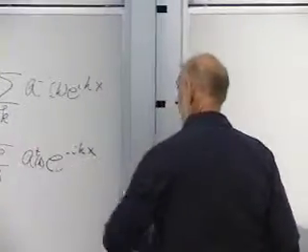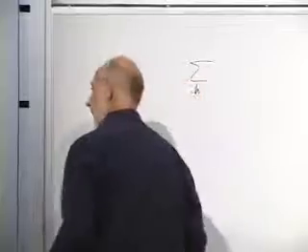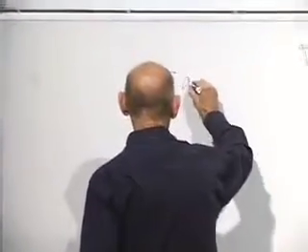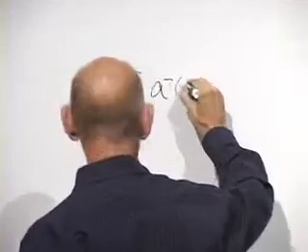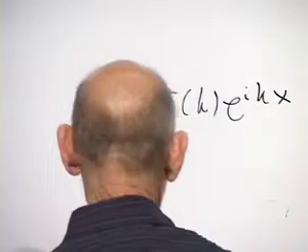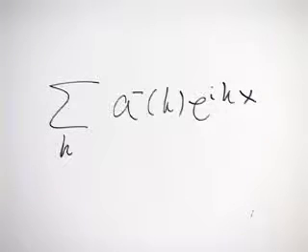Okay, so psi of x, first of all, is the sum over k. And again, sum over k means sum over the allowable values of k, A minus of k e to the I k x. That's psi of x. What x do I put in here? The x at which the reaction is happening.